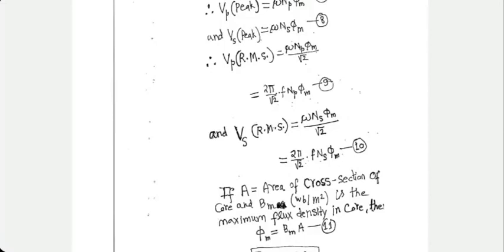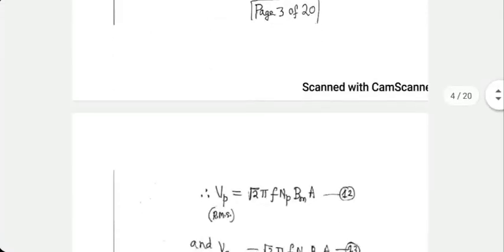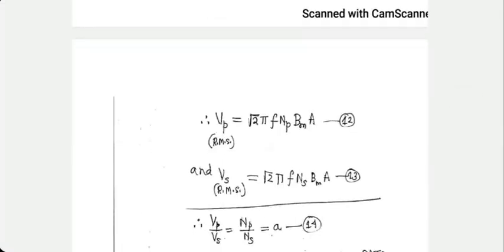Tesla means Weber per meter square. So the magnetic flux density multiplied by the area of cross section of the core will give you the total peak flux, assuming that the flux density is the peak value. So if we include that, then the equations become even more practical.